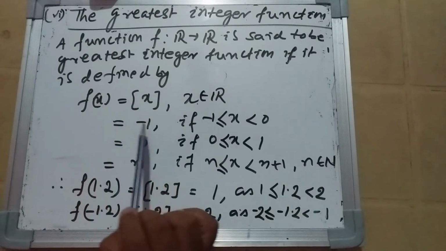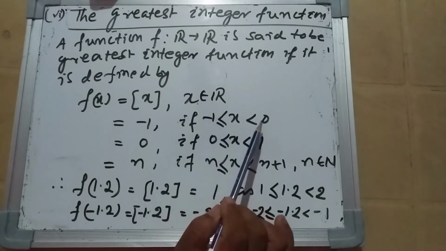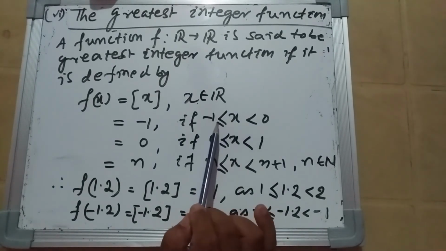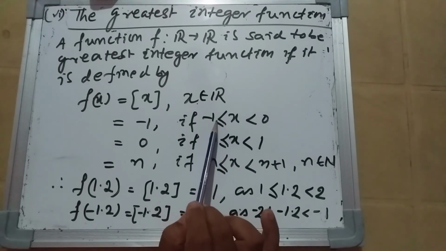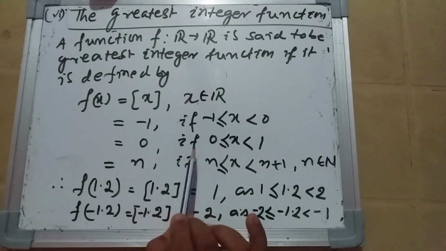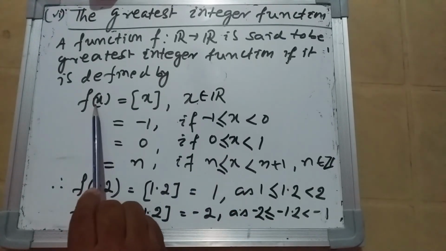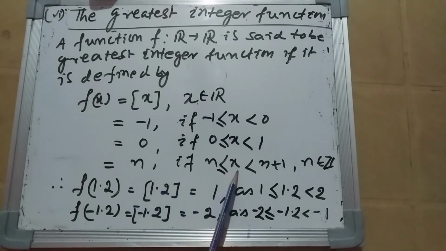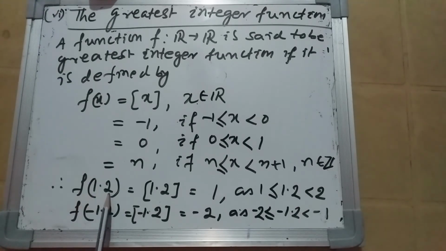If x lies between minus 1 and 0, the value is minus 1, the greatest integer not greater than the value of x. It is 0 if x lies between 0 and 1. In general, f of x equal to n if x lies between n and n plus 1, where n is an integer. Now come to the example.